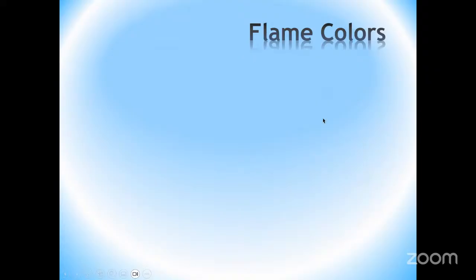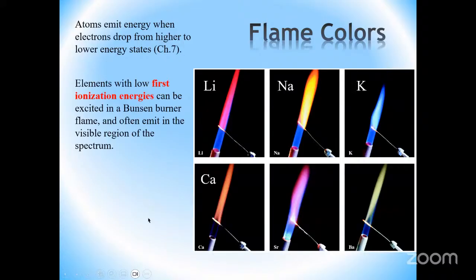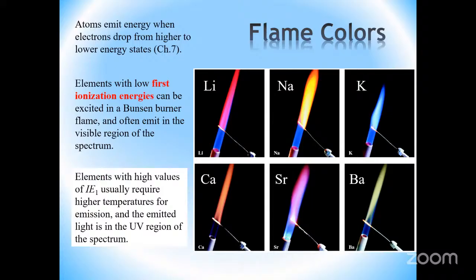This section deals with flame colors. We can actually use flame colors to help to identify the presence of certain metallic ions, right? Basically what you'd have to do is take a piece of nichrome wire, which is basically an alloy of nickel and chromium, and you dip it in your solution containing the ion, and then you put it in a flame, and you get these different colors which will indicate the type of ion that is present, right?